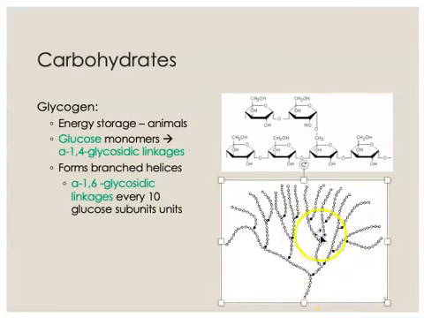The reason that glycogen is branched like this is because it allows more individual units of glucose to be stored in a smaller space overall. More glucose can be packed in to glycogen this way.